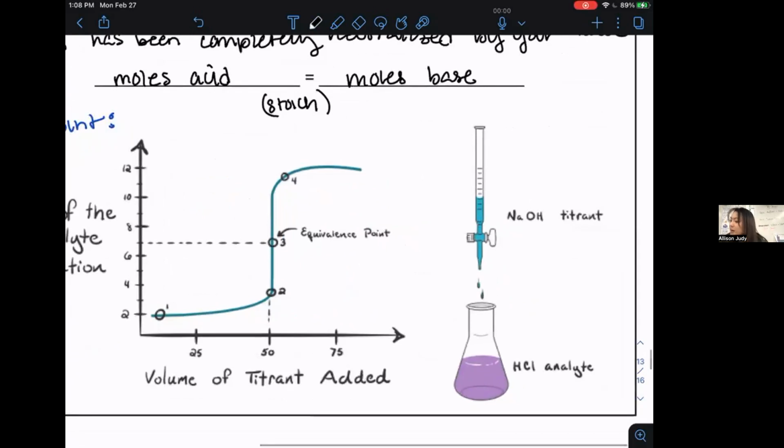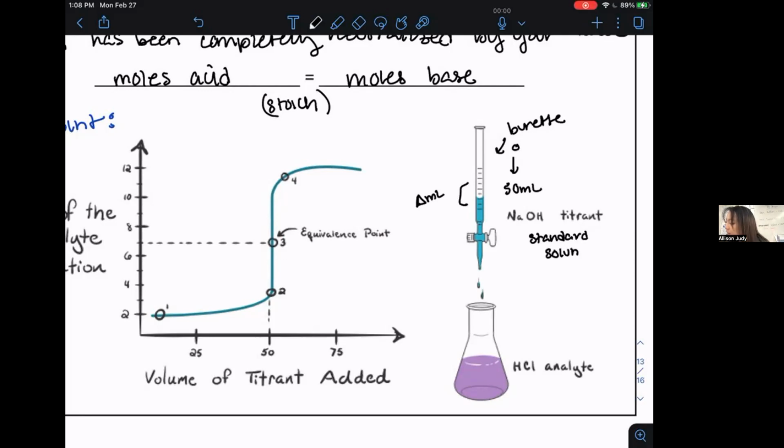So what we do is we create a little curve, by the way, that illustrates this process. In lab, the setup would be what's called a buret. And this buret goes from 0 down to 50 milliliters usually. It's actually reversed, because the idea is that we track how much change in volume we use, and we put our known titrant, our standardized solution, in the buret. And what we do is go drop by drop.